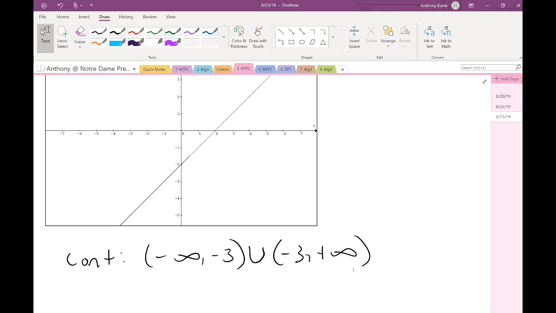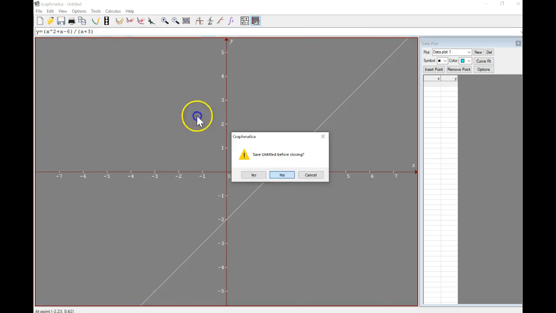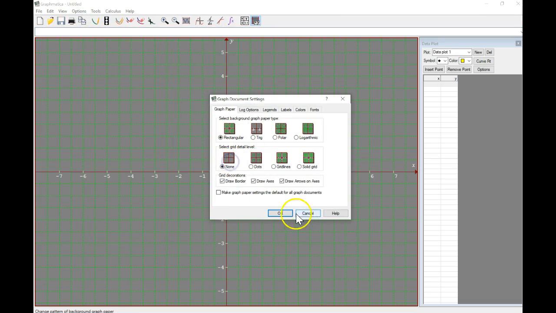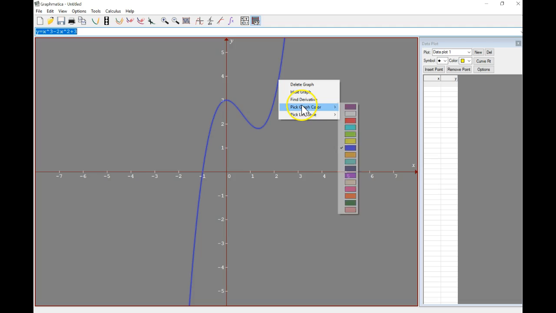Okay. One more example here. So let's say we want to graph y equals x cubed minus 2x squared plus 3. Probably should make this white. It'll be easier for you guys to see.